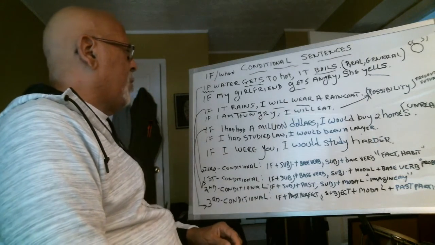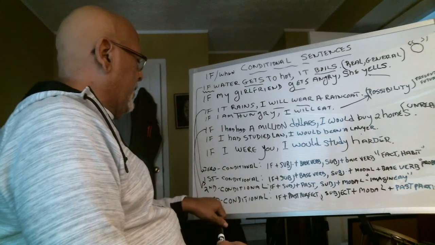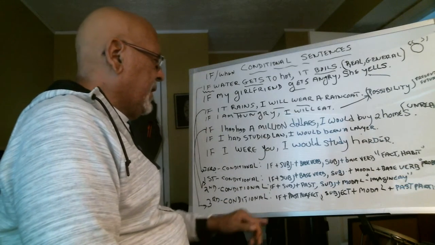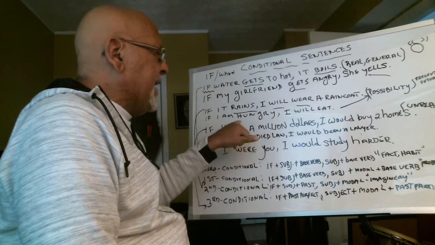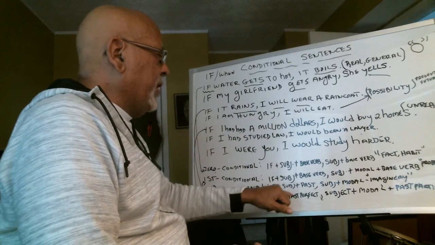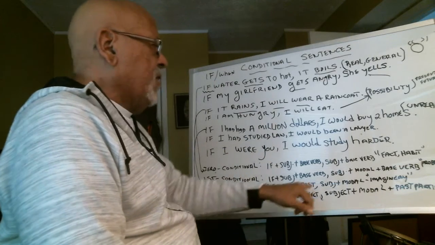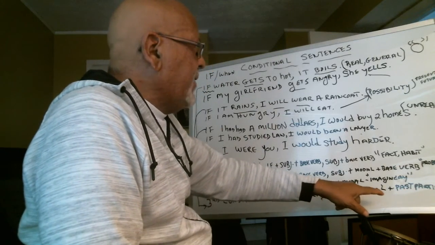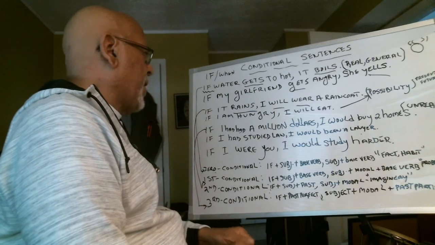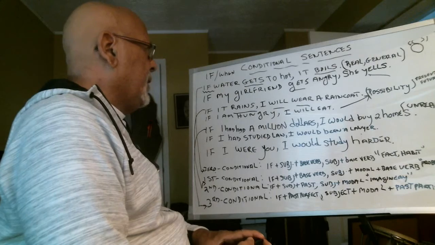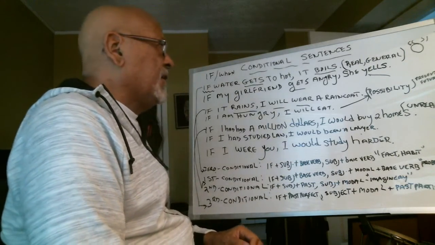So you can have different modals here. So that is going to be the third conditional: if plus past perfect, if I had had. Then you have your subject, your modal, and then you have your past participle. And that's unreal. That's an unreal conditional sentence.